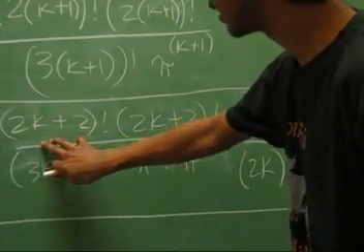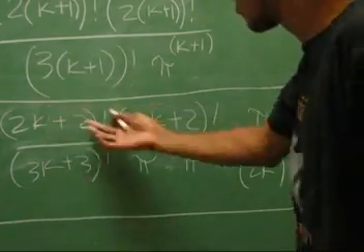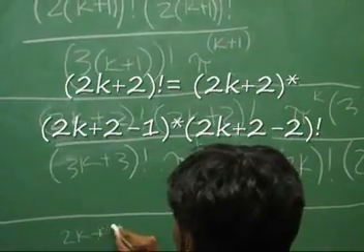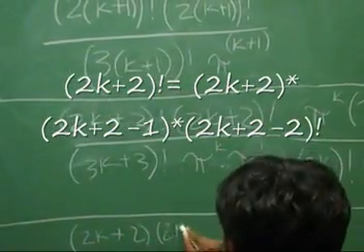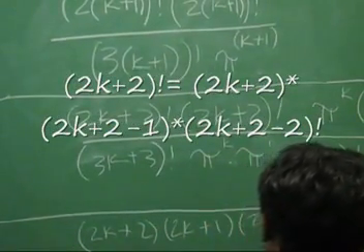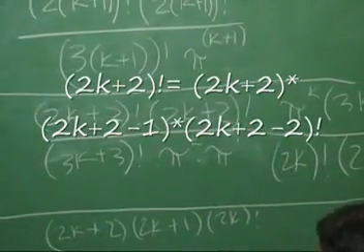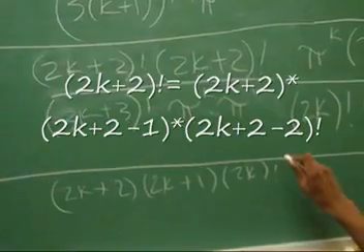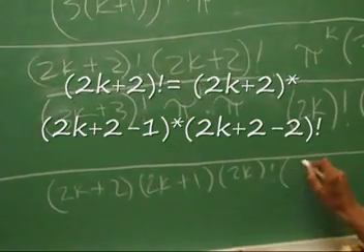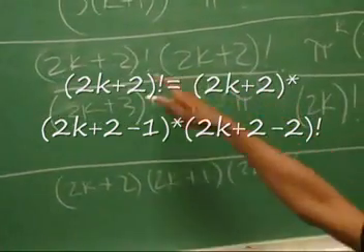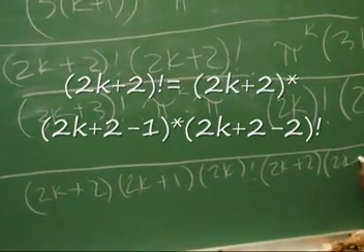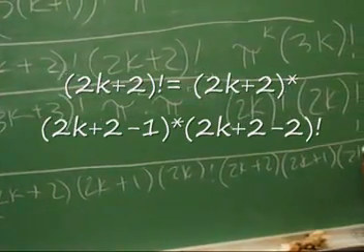In this case, you can rewrite the same thing as 2k plus 2 times 2k plus 1 times 2k factorial. That's saying the same thing. So let's write it over again. We have 2 of them: 2k plus 2 times 2k plus 1 times 2k factorial.